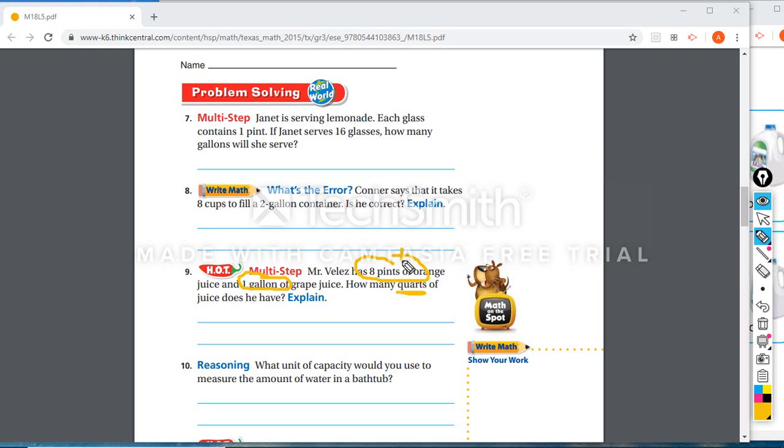So you have to figure out how many quarts you have here, how many quarts you have here, and then you add those together to get your answer. The key is they're going to give you different units of capacity, and then they're going to ask you a different unit of capacity. So convert the pints into quarts, convert the gallon into quarts, and then add those two.